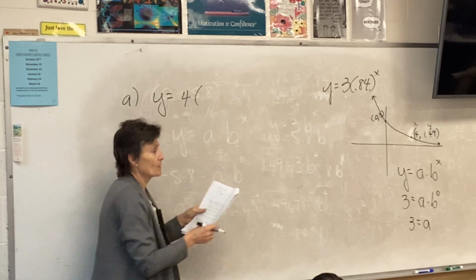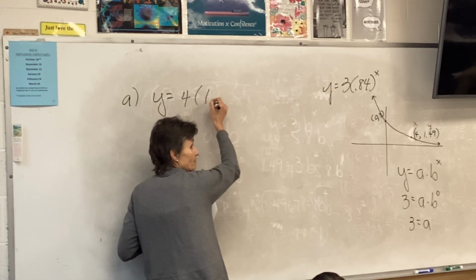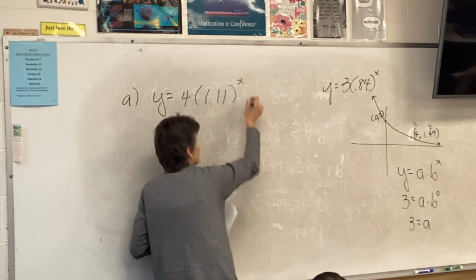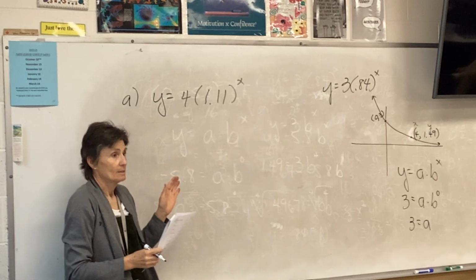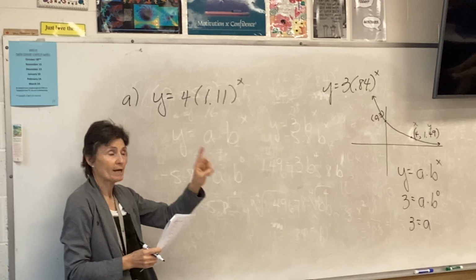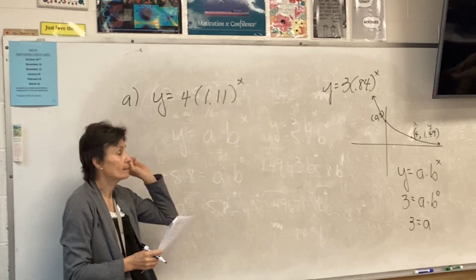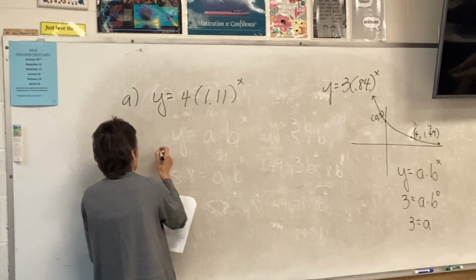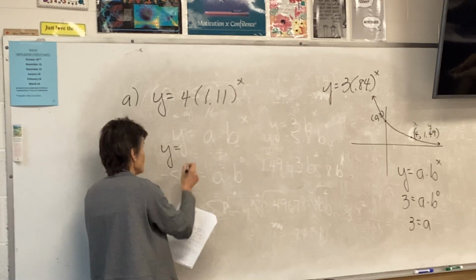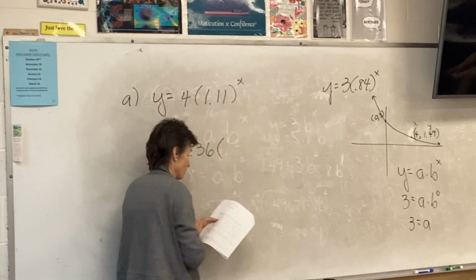Increasing. So this will be 1.11 to the X. Done. That's it. You know where you're starting and you know how much you're increasing. That's your answer. Next, the initial value is 0.36.